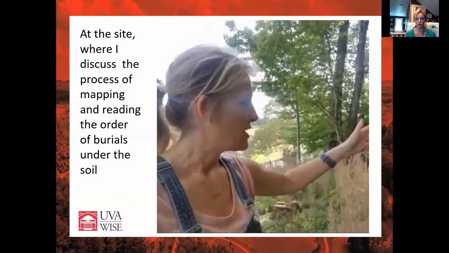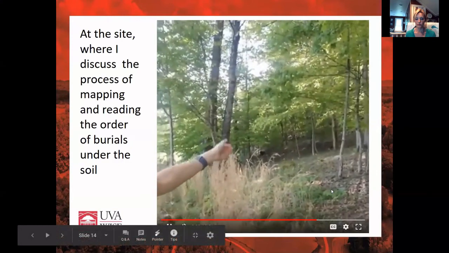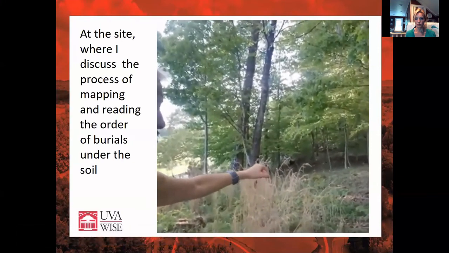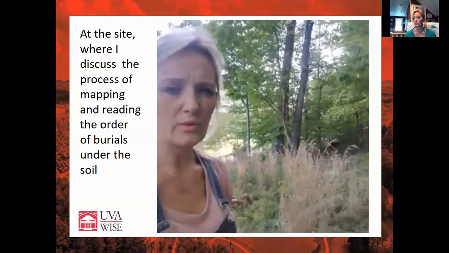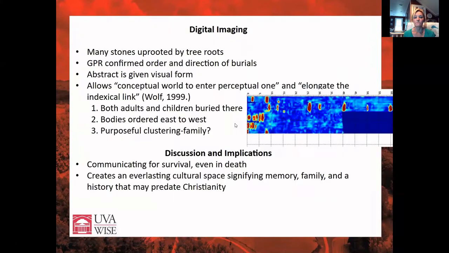And so that's how we knew that the stones matched the remains underneath. And so that's how I was able to interpret why they were buried in the order that they were buried.